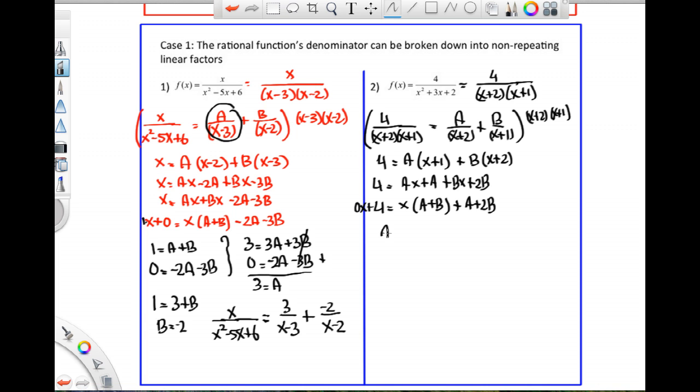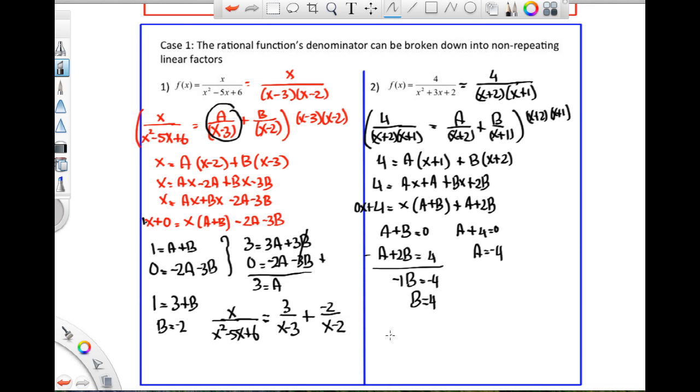So that means that a plus b has to equal 0, and a plus 2b has to equal that 4. Well, that's already set up, so subtract: a minus a is 0, 1 minus 2 is a negative 1b, 0 minus 4 is a negative 4, so b must be 4. And if a plus 4 is 0, then a is a negative 4.